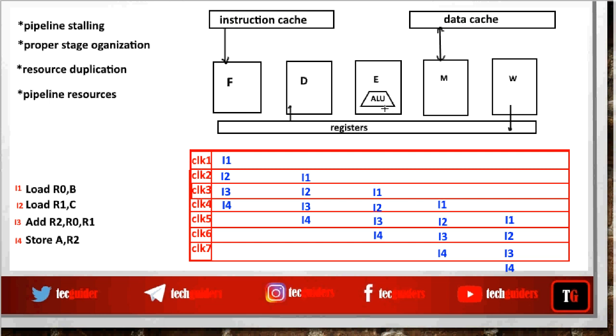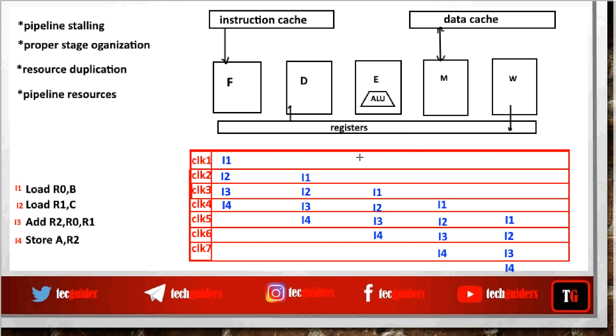Here the dependency is on the arithmetic and logic unit. So if we can pipeline our arithmetic and logic unit such that multiple operations can be executed in parallel, then within the same clock cycle, more than one instruction can be allowed to use the ALU. This way, by pipelining the resources, we can avoid the structural hazard, but the complexity will increase.